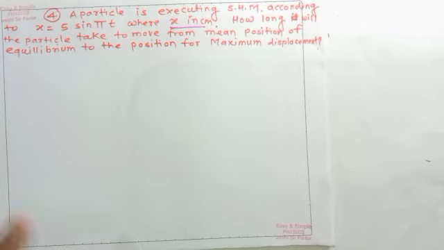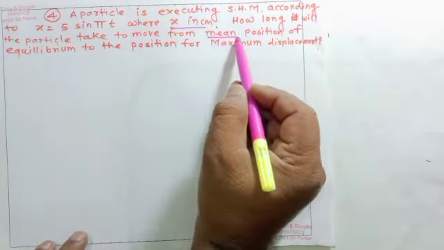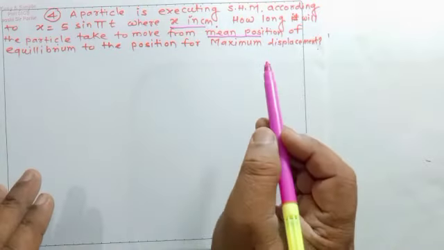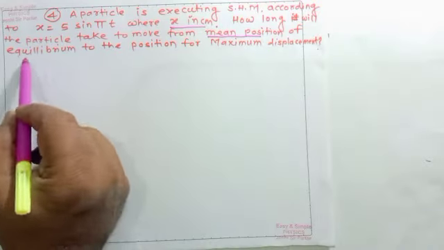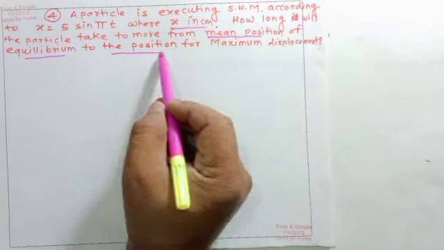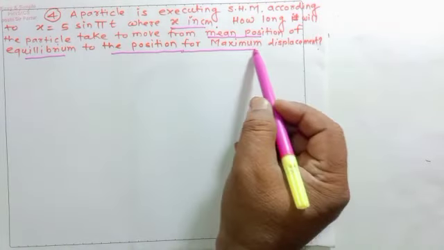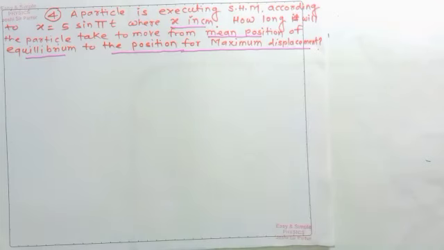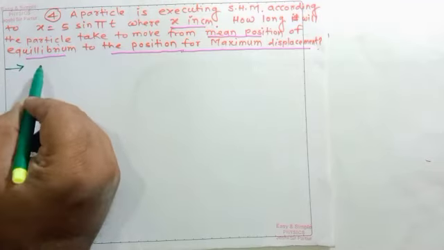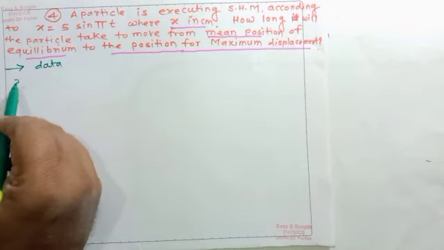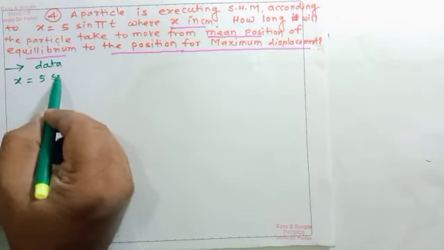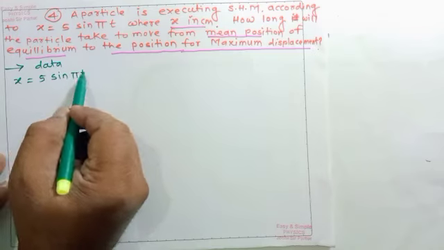How long will the particle take to move from mean position of equilibrium to the position of maximum displacement? When such a numerical is asked, first of all we write the data. Data is given: x equal to 5 sin pi t.